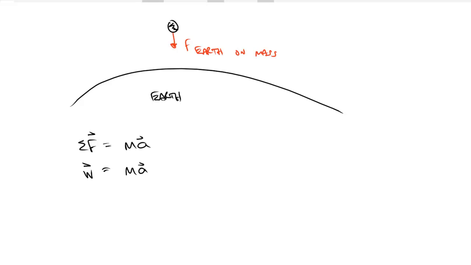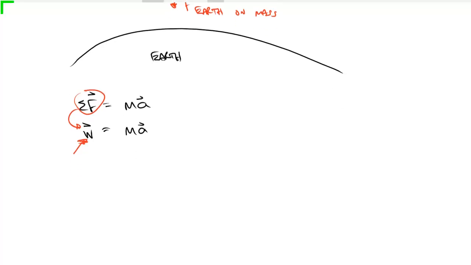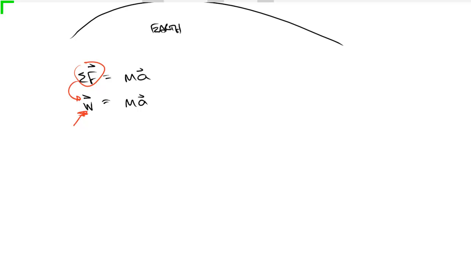And if we assume that the only force, so the sum of all our forces, is just the weight, so the only force acting on the object was the force due to the Earth on the object, then we know from our assumptions of free fall that the acceleration here is equal to 9.8 meters per second squared downwards, right? Which we said was equal to g, right?